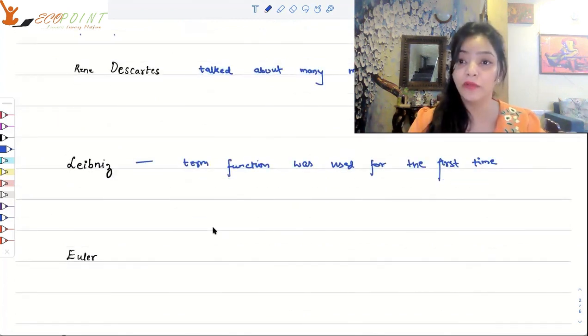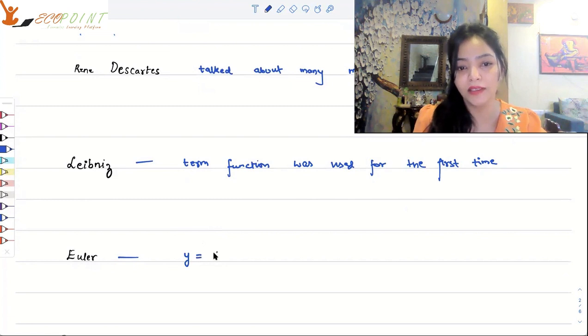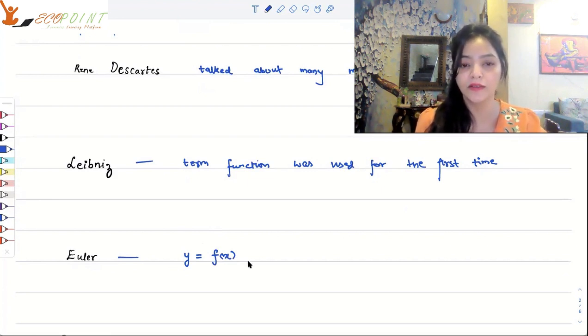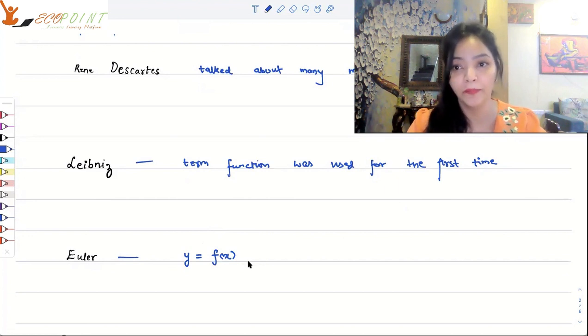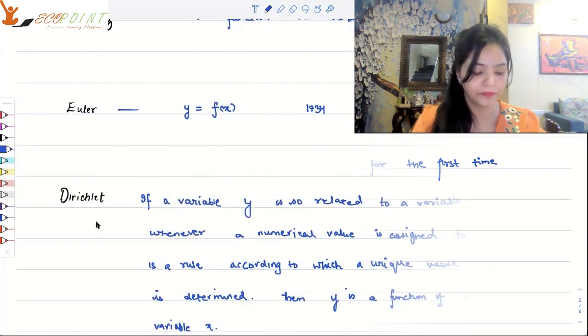Then another improvement that happened was notationally writing a function. A function is written as y equals f(x). That means you are giving the input x and getting an output y. This came into existence by Euler, again a very famous mathematician. He introduced this concept of y equals f(x) around 1734.